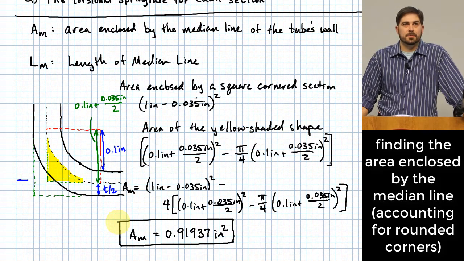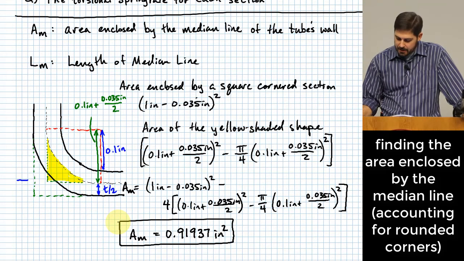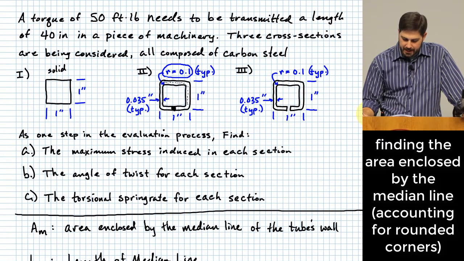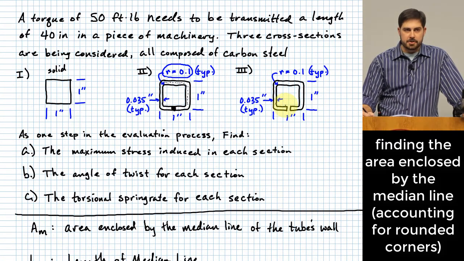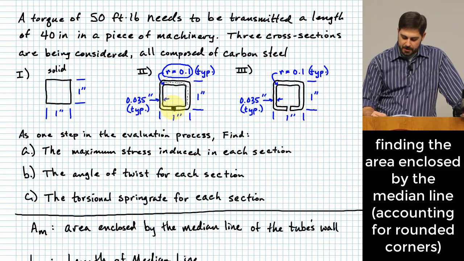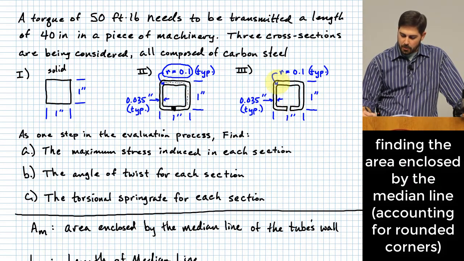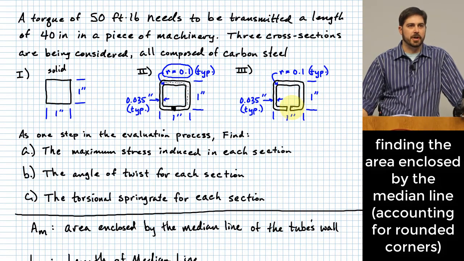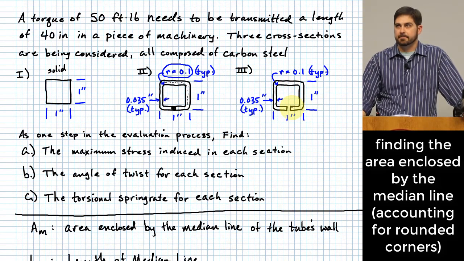All right, so we dealt with a little bit of geometry there in order to figure out what that area enclosed by the median line would be. I'll just make the comment, I believe I said it earlier, but I'll say it again. This is the area enclosed by the median line, whether you're talking about the closed cross-section or the open cross-section, because they have the same shape. It's just whether or not it's welded along that seam.